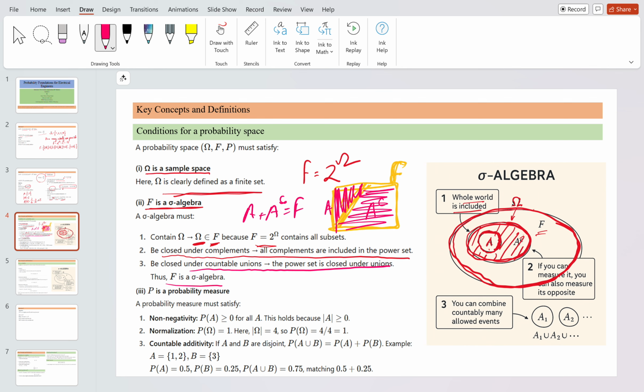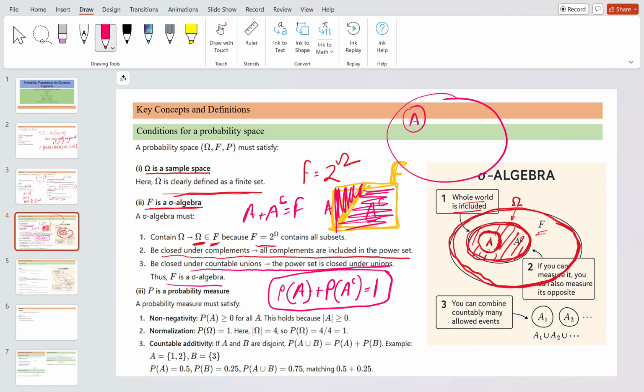It means that suppose I am considering A and the A complement here. The union: the probability of finding A plus the probability of finding A complement will be equal to 1. The second way you can also understand it: suppose there is a superset and there are different subsets A1, A2, A3, A4, A5.